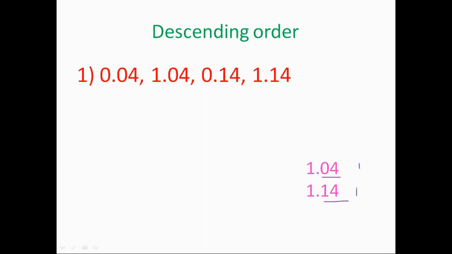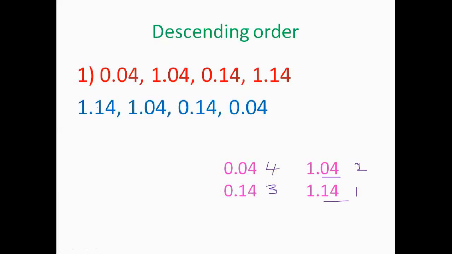Descending order means we should take the big one first. So this will be the first one and 0.4 will be the second one. Similarly, now we have 0.04 and 0.14. Bigger is 14, so it must be third, and the last is 04. So I arranged the numbers in blue color, you can see.